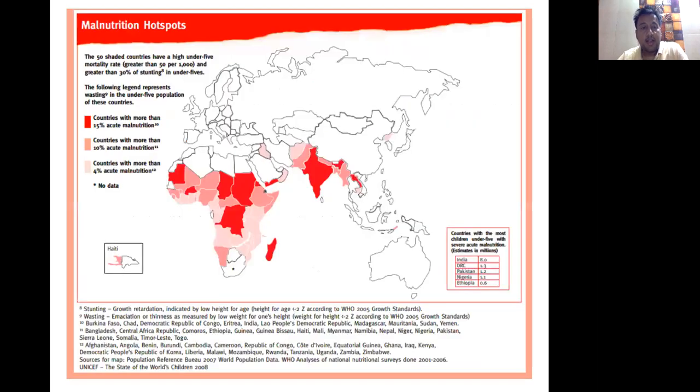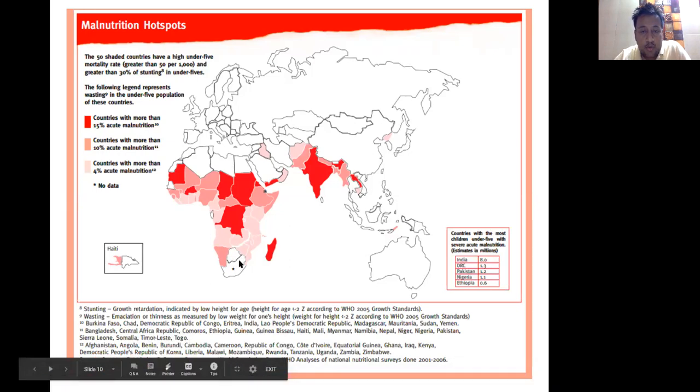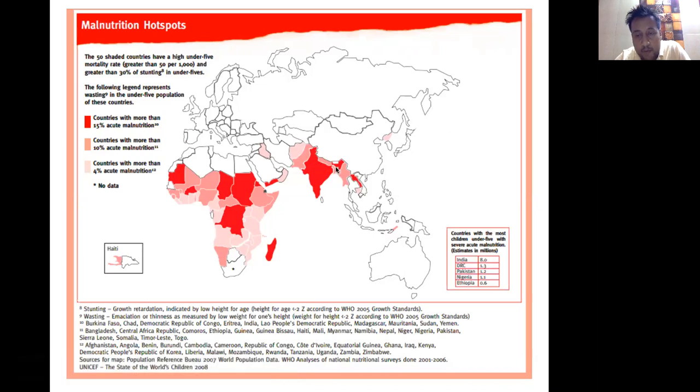Moving on, this is a map showing malnutrition hotspots throughout the world. Though it's a bit old data, the trend follows the same even today. You can easily see two highlighted portions. One we can easily identify: India and the Indian subcontinent and a few countries in the Southeast Asian nations.